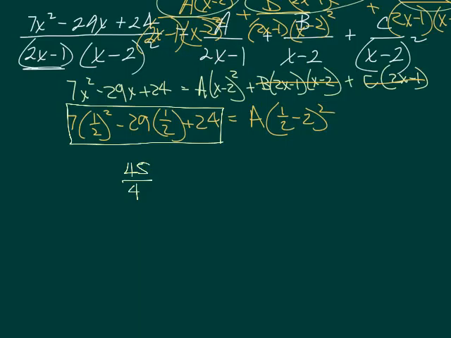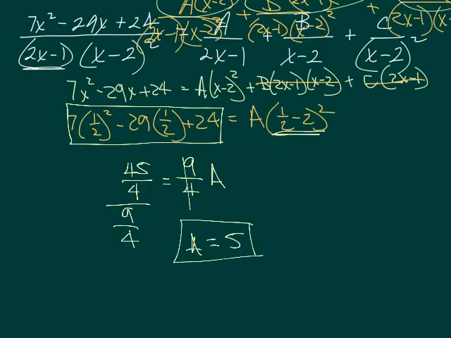And over here, you're going to get 1/2 minus 2, which is going to be negative 3/2 squared, which is going to be 9/4 a. And then when you divide both sides by 9 over 4 and invert and multiply, you're going to get an a value of 5. Okay, so we found our a. Our a value is 5.